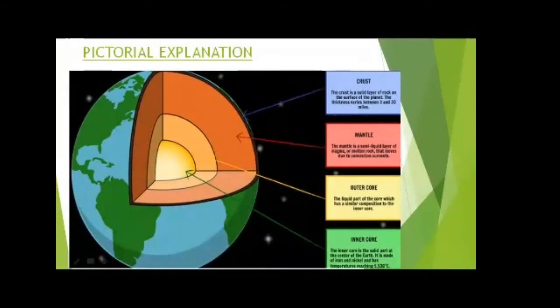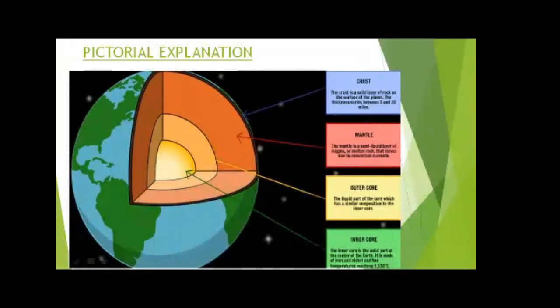So, we have a further description of the Earth's layers. The crust is the solid layer of rock on the surface of the planet. The thickness varies between 3 to 30 miles. Then the mantle is the semi-liquid layer of magma, the molten rock that moves due to convection currents.